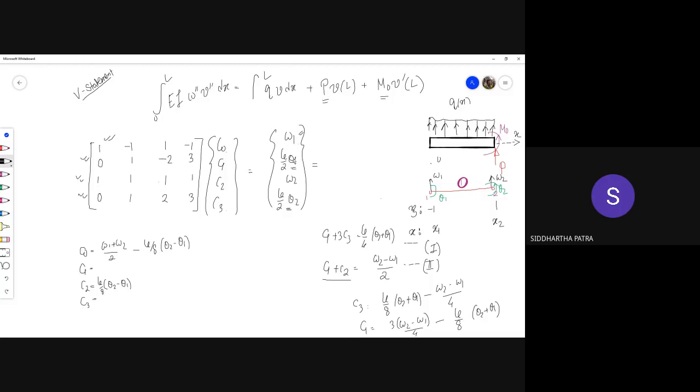We can represent these 4 terms, in this row of degrees of freedom as U1, U2, U3, and U4, which means U1 is W1, U3 is W2, U2 is theta 1 but with a coefficient LE by 2, and U4 is LE by 2 times theta 2.